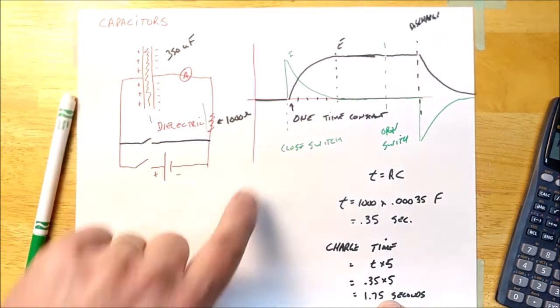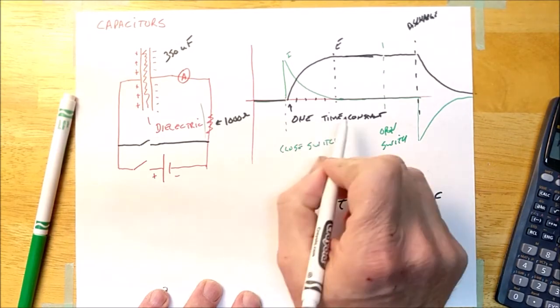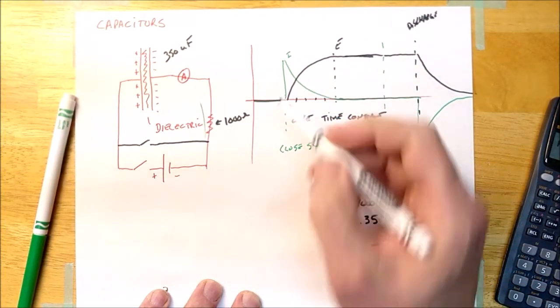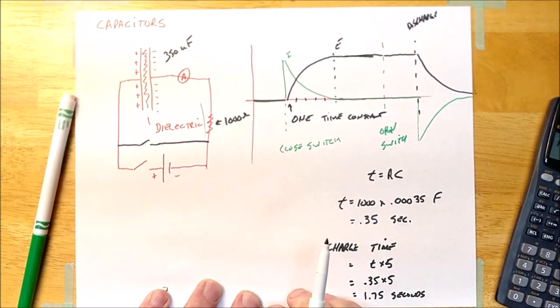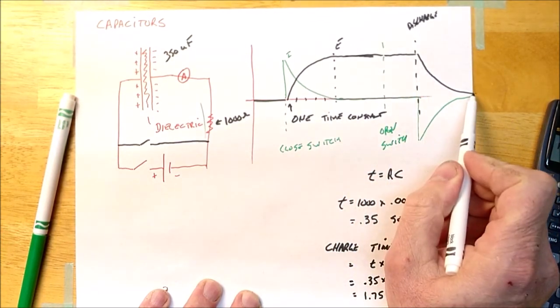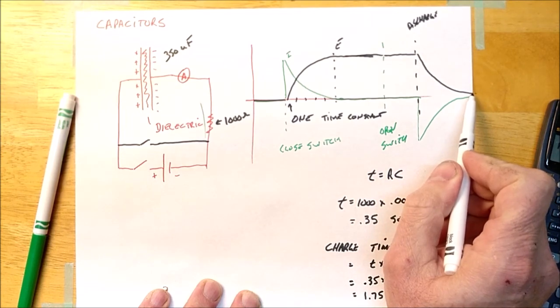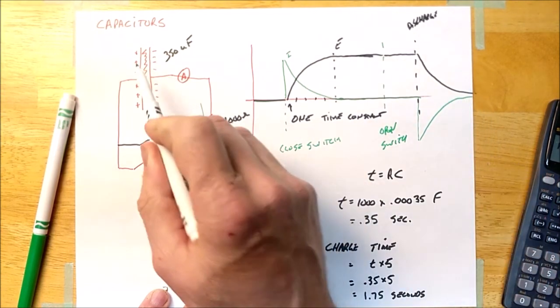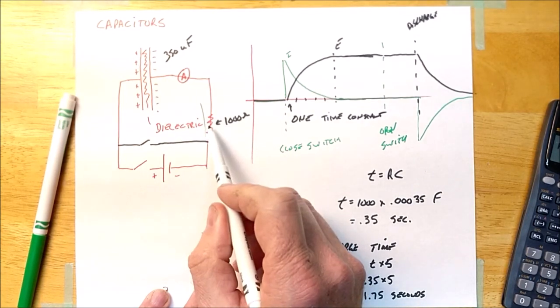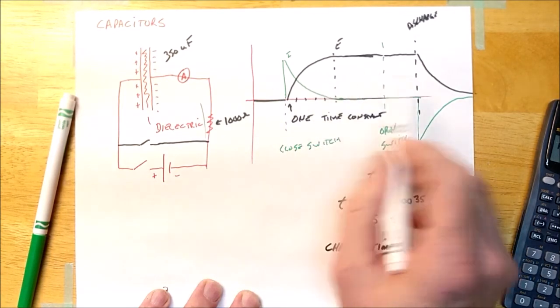And by the way, this formula for calculating how long it takes for a capacitor to charge is the same formula as the one that you would use to calculate how long it would take to discharge a capacitor if you knew the value of the capacitor and also the value of the resistor in series with it. Okay, so it works for charging and discharging.